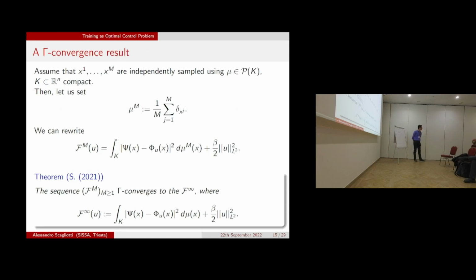U is the parameters of the network, right? Yes, that's right. In the continuous time limit, in the control system, yes, but in the computational part of this, U are the weights of the network.